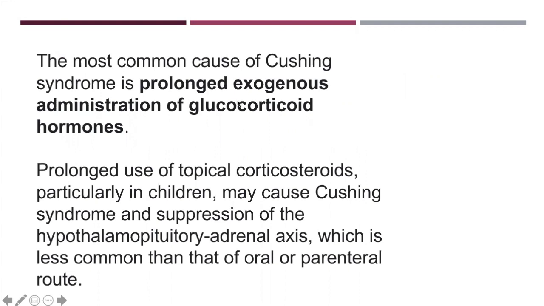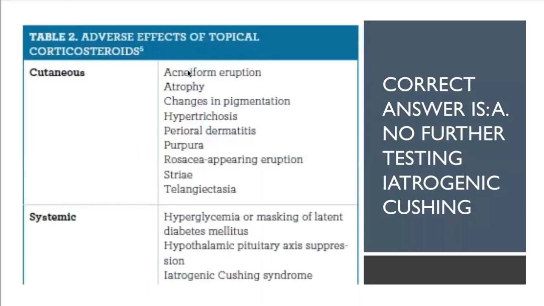Also, the most common cause of Cushing syndrome is prolonged exogenous administration of glucocorticoid hormone. And actually, even if it's topical, like just a cream, with high potency creams you could have iatrogenic Cushing from only the cream.